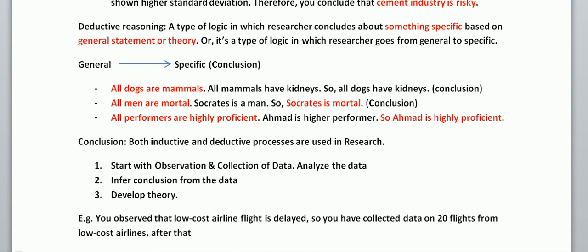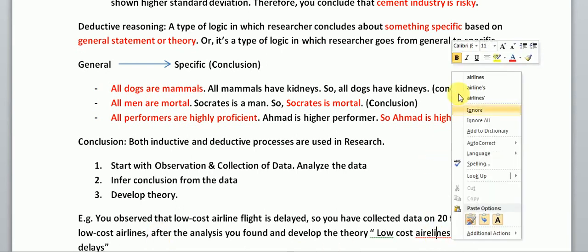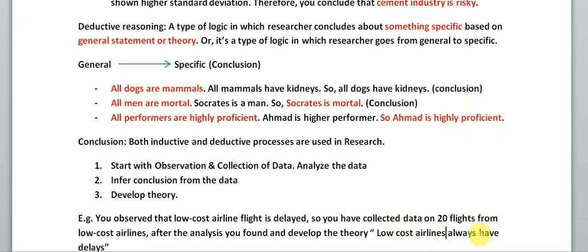After the analysis, you developed the theory. What is the theory? Low cost airlines always have delays. This is the theory.